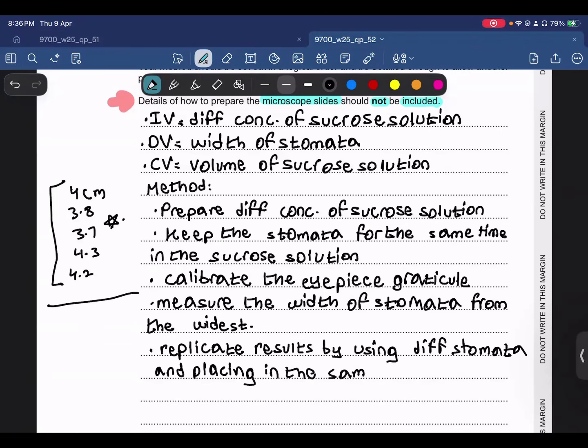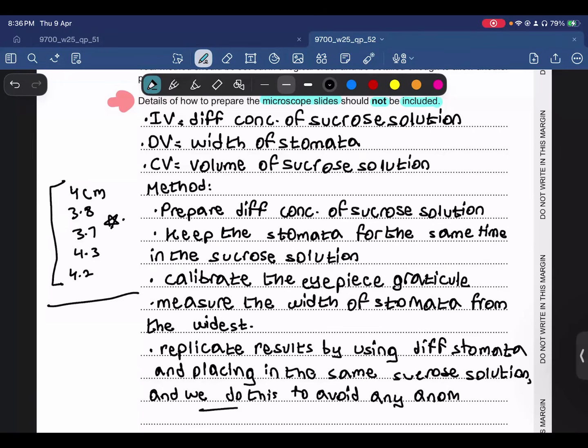So let me just complete this. Placing them in the same sucrose solution. And we do this, of course, don't write this in the exam, we do this to avoid any anomalous results.